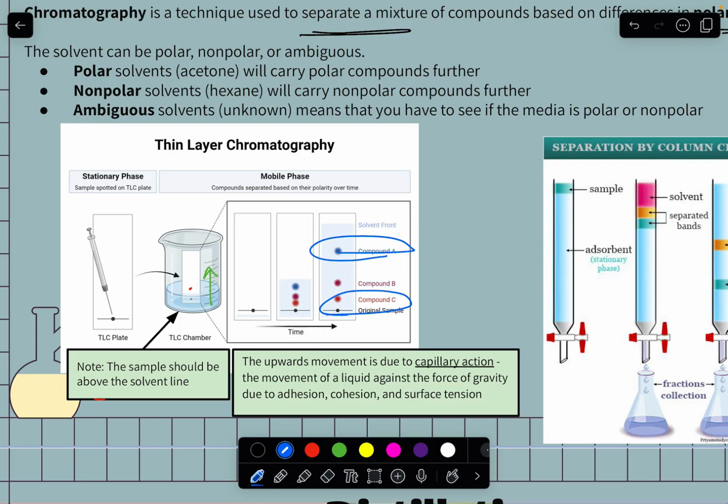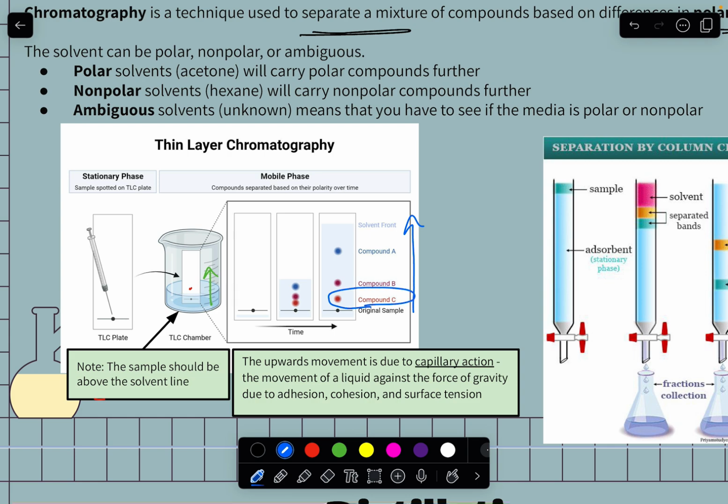Compound C would be the least polar. Because if a polar solvent is going up, the polar compounds are going to go up with it. If it's a non-polar solvent like hexane, then it would be the opposite. If hexane was going up, it's non-polar, then the one that went up the furthest would also be the most non-polar.